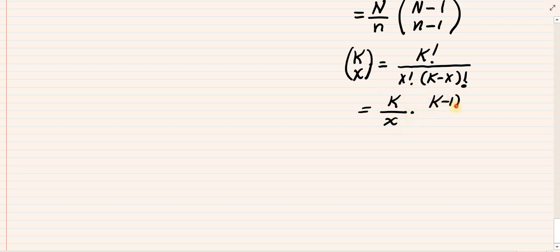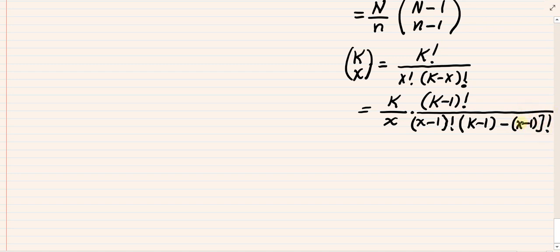That's going to be k minus 1 factorial, right? Because k factorial is k times k minus 1 factorial. And x factorial is x times x minus 1 factorial, right? And then, of course, k minus x, again like I did above, I can write that as k minus 1 minus x minus 1, and then factorial it.